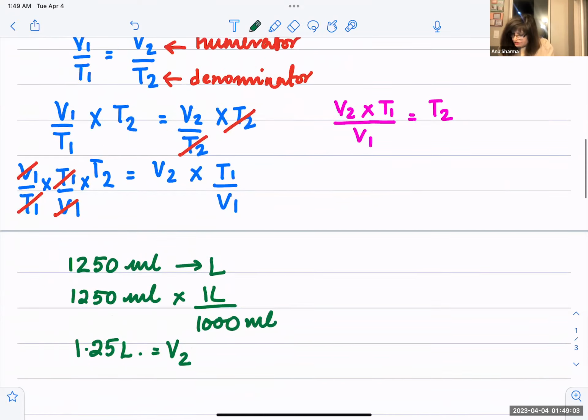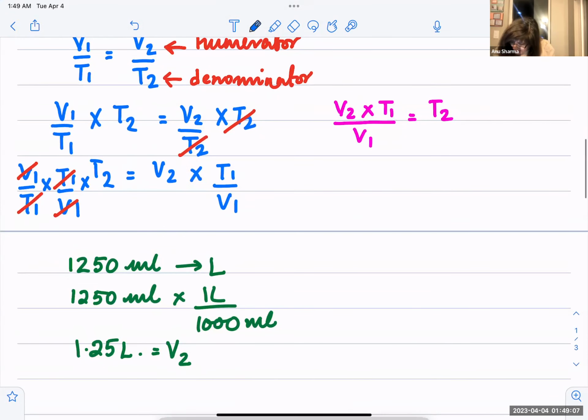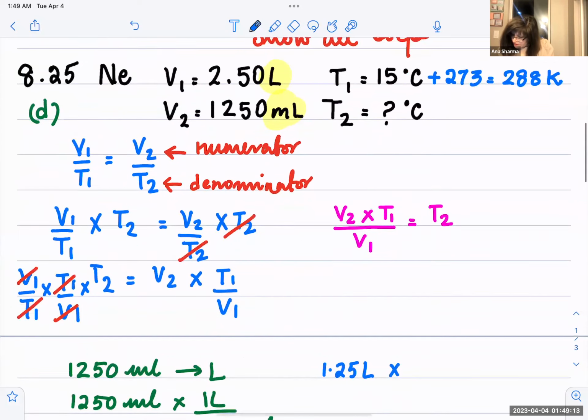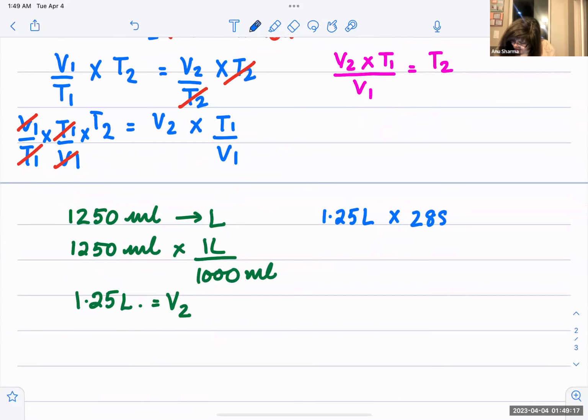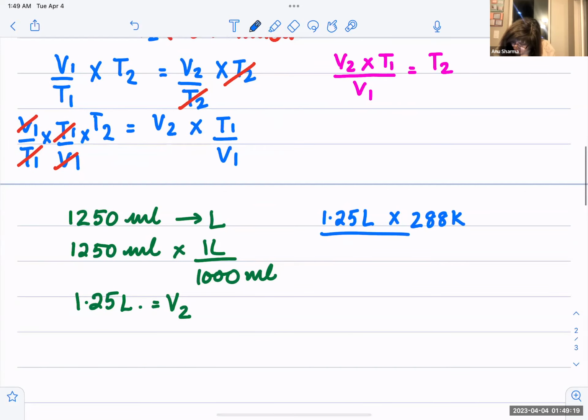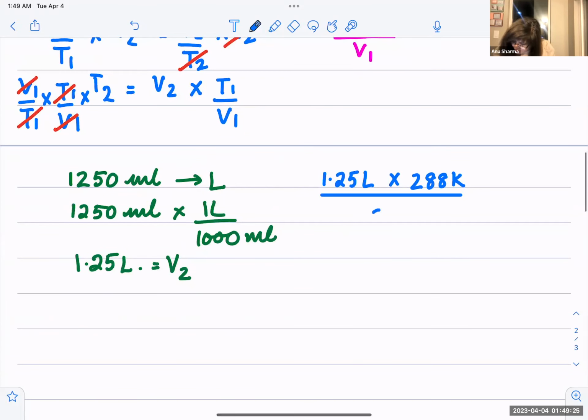Okay, now let's just put in the numbers. So V2 is 1.25 liters times T1, which is 288 K, over V1. V1 is 2.50 liters.